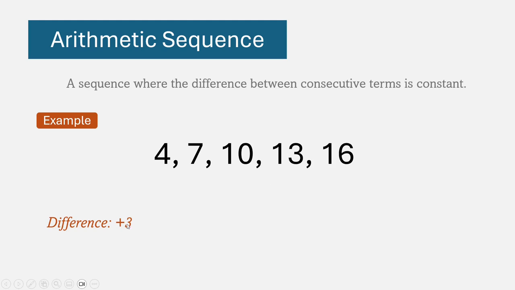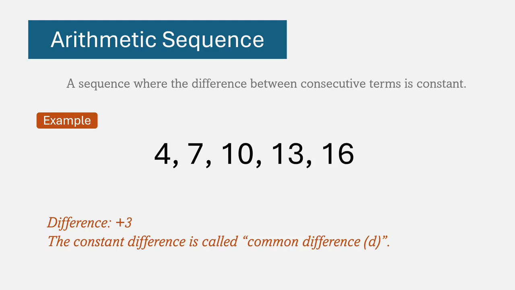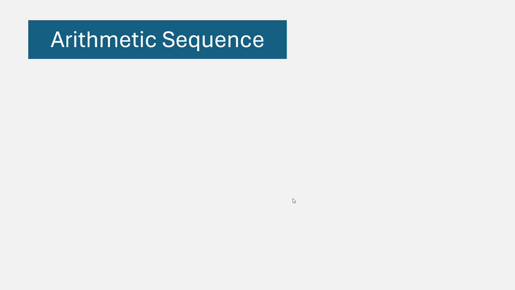So the difference here is 3. The constant difference is called the common difference. In this case, the common difference, or d, is 3. This is what makes it different from a geometric sequence, because we are only dealing with the common difference.